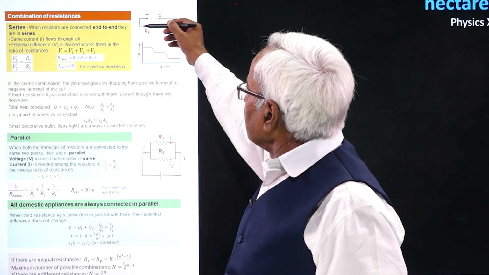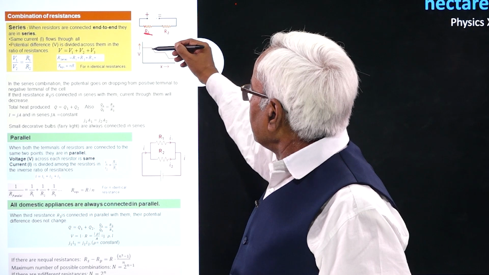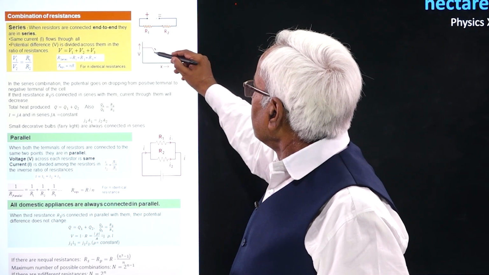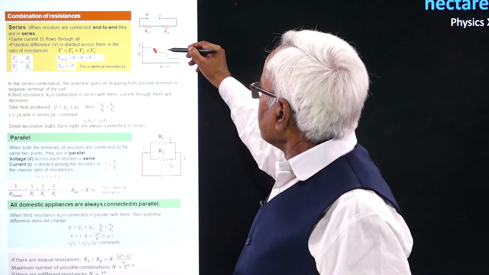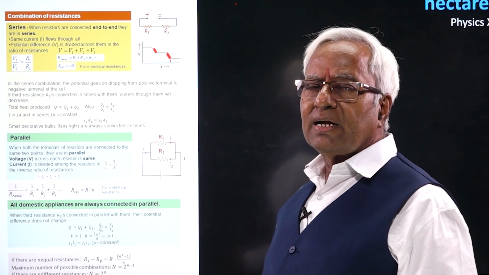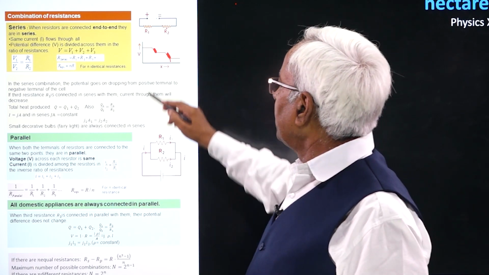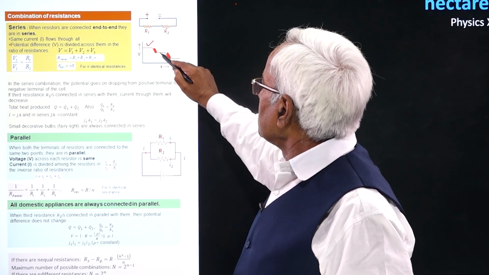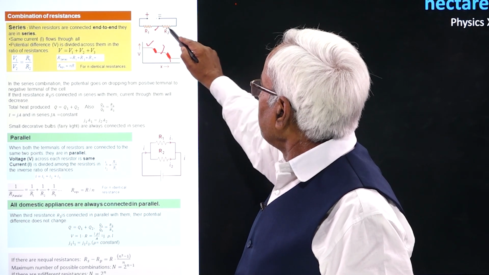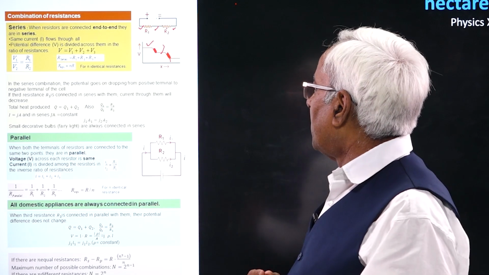So it's not exactly below this, but for this resistance the fall of potential has been shown over here, and for this resistance the fall of potential has been shown over here. In the connecting wire, we simply assume that there's no resistance, and that's why the potential will not change across this connecting wire.